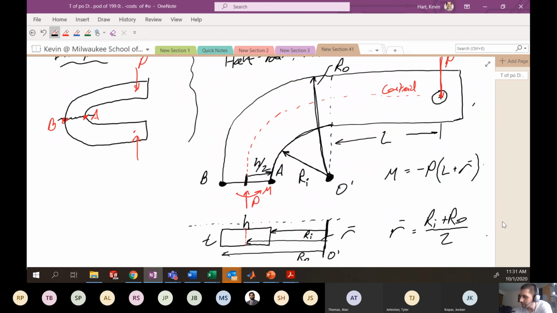So back up to our picture. Here's point A. Remember, we defined little r as the distance from the center of curvature to our point of interest. The distance from the center of curvature to point A is simply the inner radius, capital Ri.